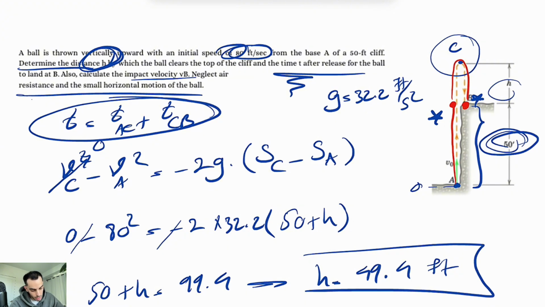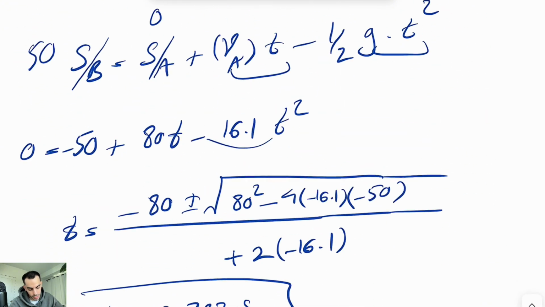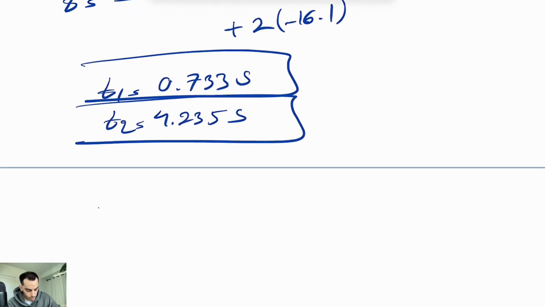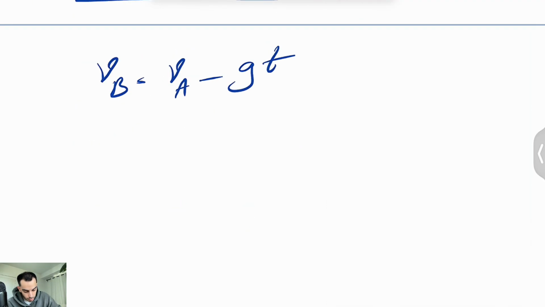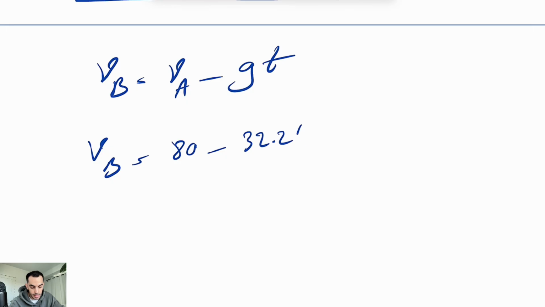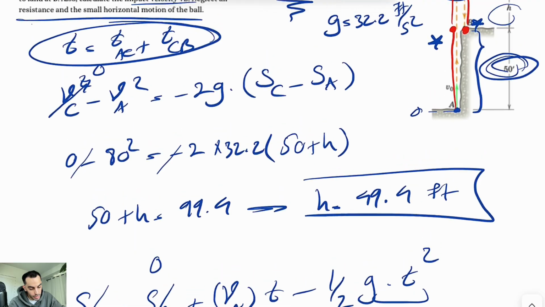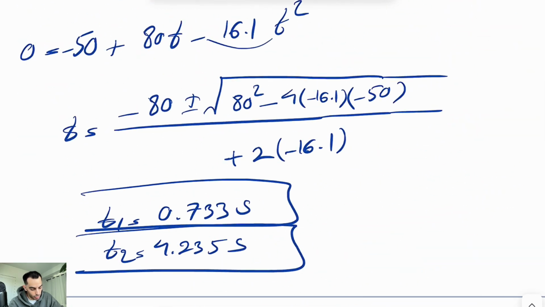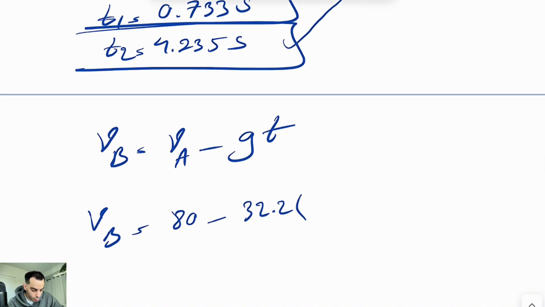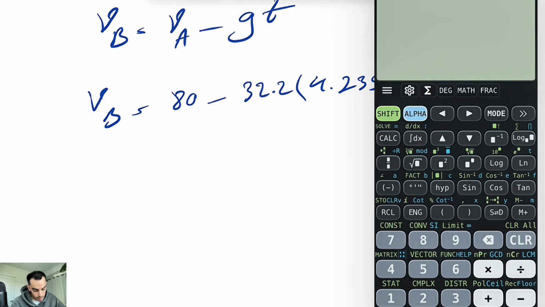Now that we found the time, the last thing is the velocity at B, and we can use our formula VB is equal to VA minus gT. So the velocity at B would be the velocity at A, which was 80, minus g, which is 32.2, times T, the time of travel from A to B, which we figured is the second time point, 4.235. Let's calculate this: 80 minus 32.2 times 4.235.